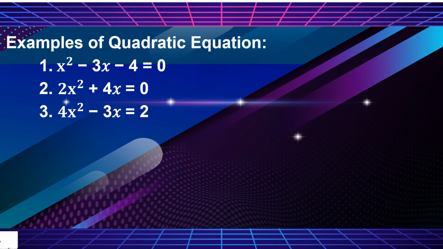The characteristics they have that make them a quadratic equation are, number 1, the highest exponent or the degree of the equation, which is 2, and the equal sign. So if an equation has these 2 characteristics, then it is called a quadratic equation.